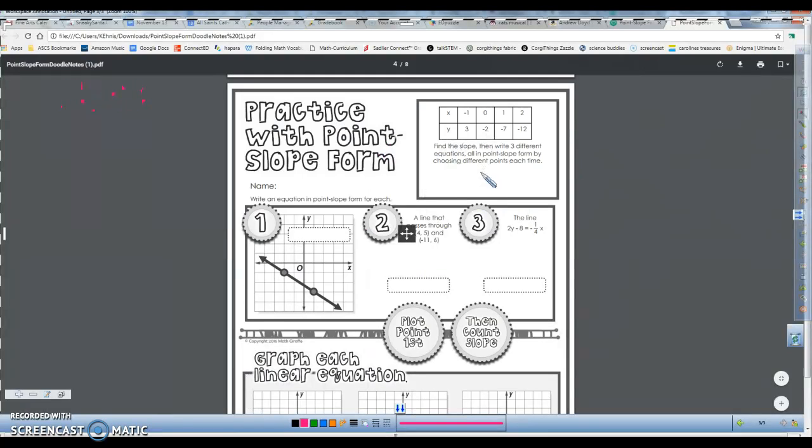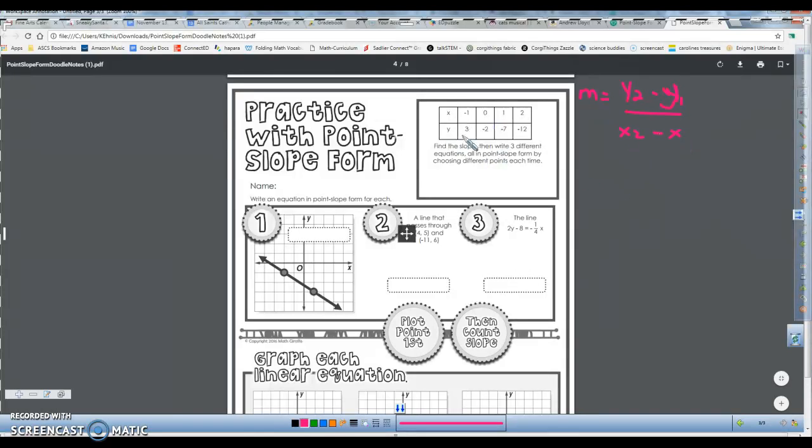So we're going to practice with point slope form. Okay. So we're going to find the slope, then write 3 different equations in point slope form by choosing different points on the line. So let's go ahead and find our slope. And we have a formula for slope, or m. So go ahead and tell me what that is again. Good, it should have been y2 minus y1 over x2 minus x1.